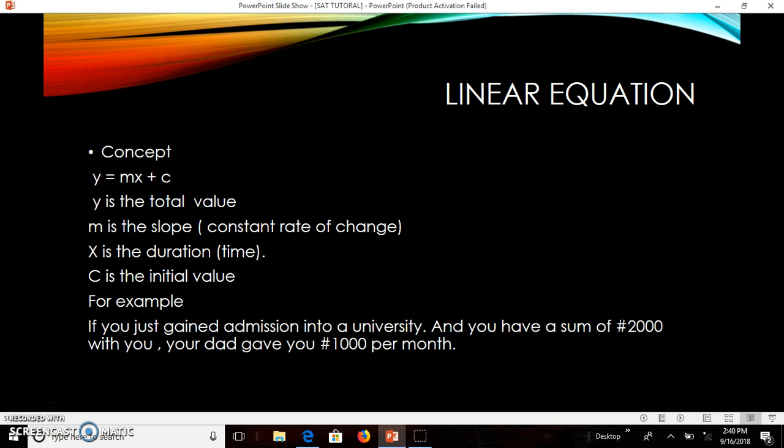So your dad gives you a particular amount monthly, a constant value given out to you.